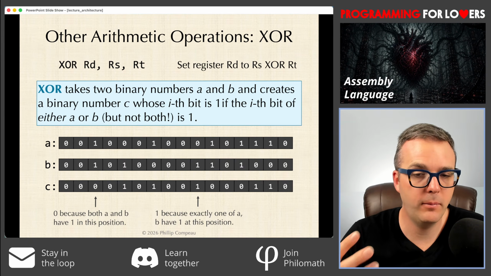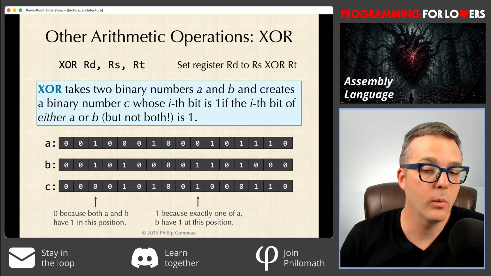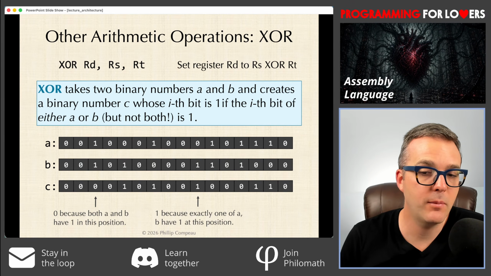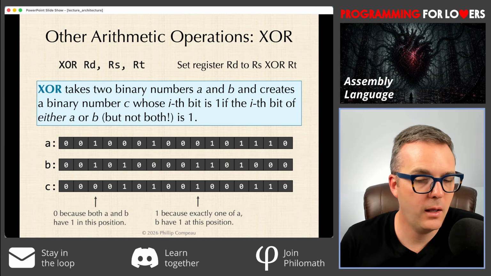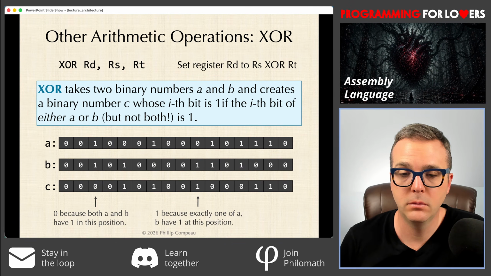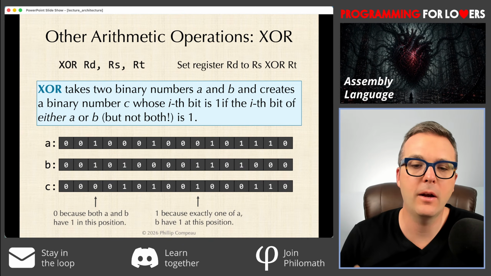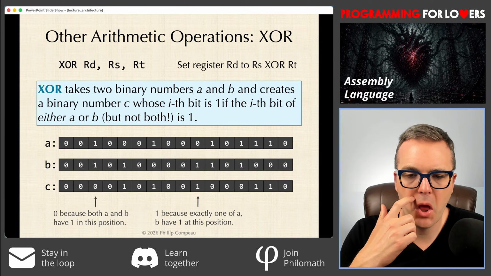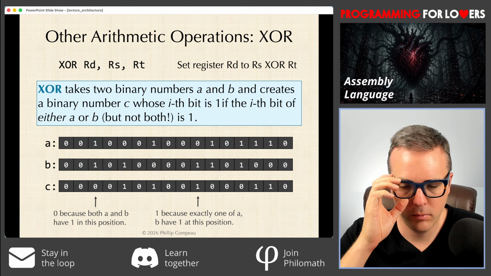Logically, OR often means, and how we have worked with it in Python, is that if you have two statements, if either one of them is true, then the OR will evaluate to true. But there's another meaning of OR.